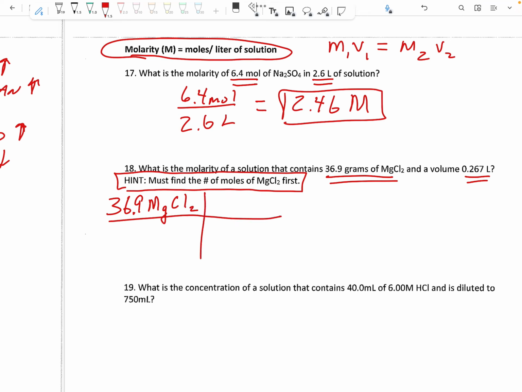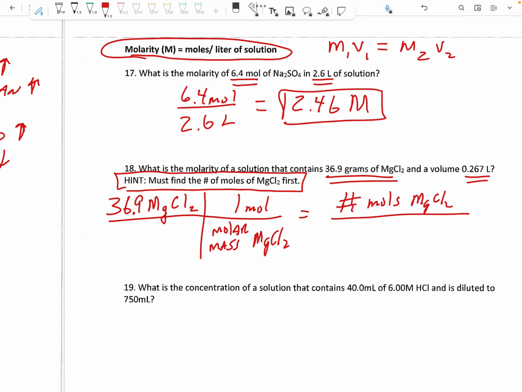Then you have to get the molar mass of MgCl2, and that goes under 1 mole of that. So that's a simple division problem. So 36.9 divided by the molar mass of magnesium chloride gives you the number of moles of magnesium chloride, MgCl2. And then you're going to divide it by 0.267 liters, and that'll give you your answer. And there's your molarity, okay?